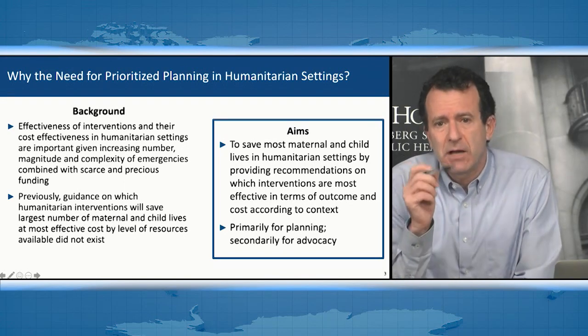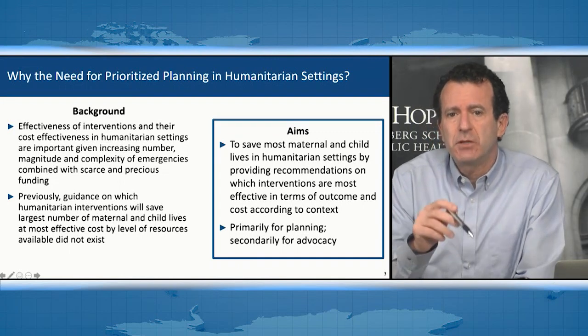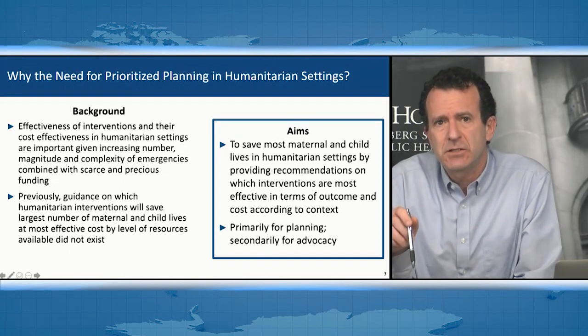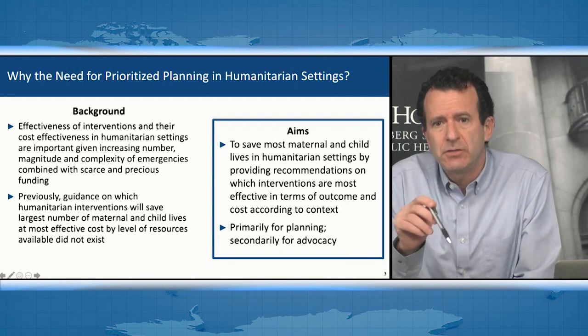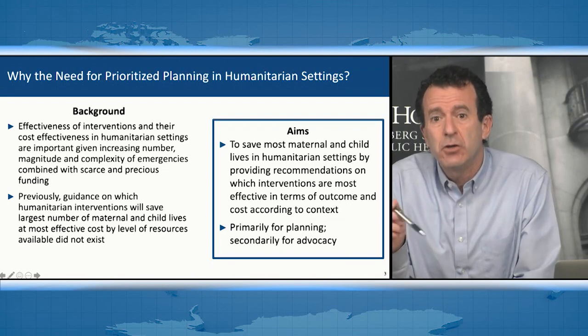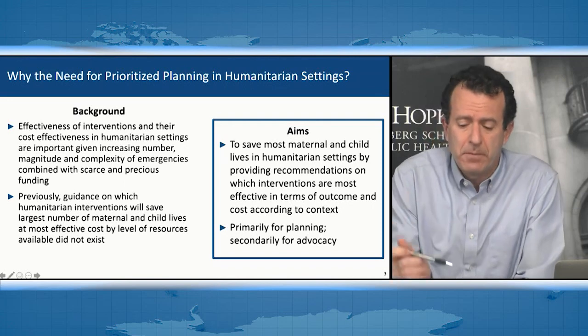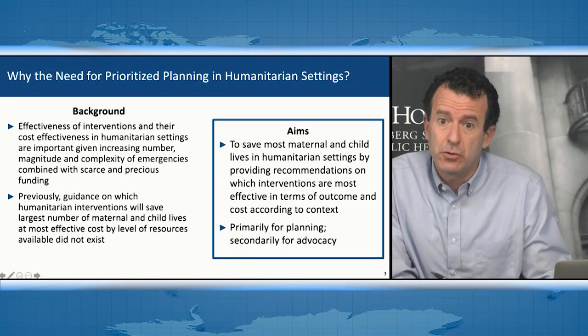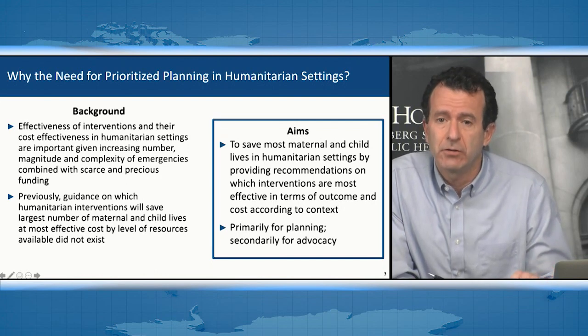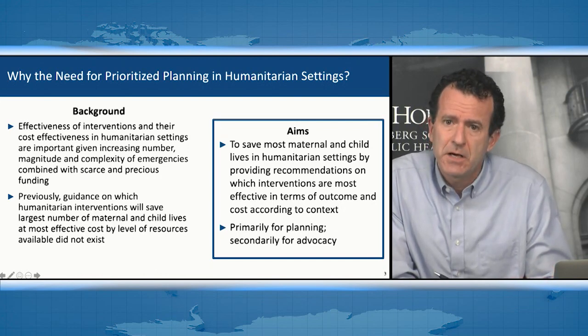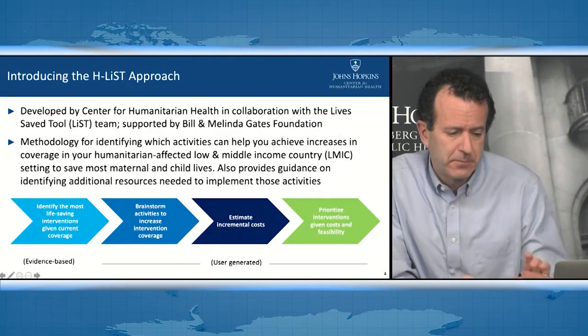We look at the coverages in your various settings, what your coverages are of these certain interventions, where you would like them to go, and what is feasible, and then the tool will calculate how many maternal and child lives can be saved. And this is done in a proportional manner.